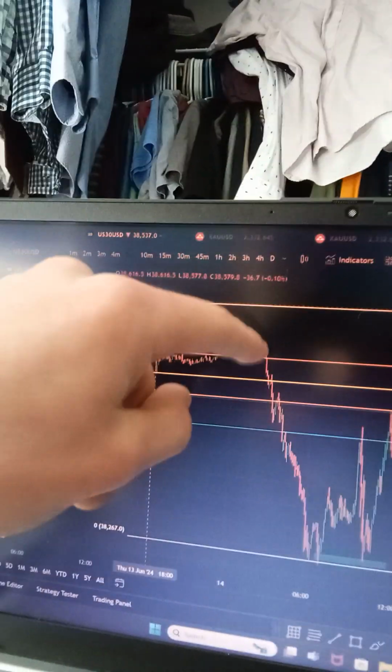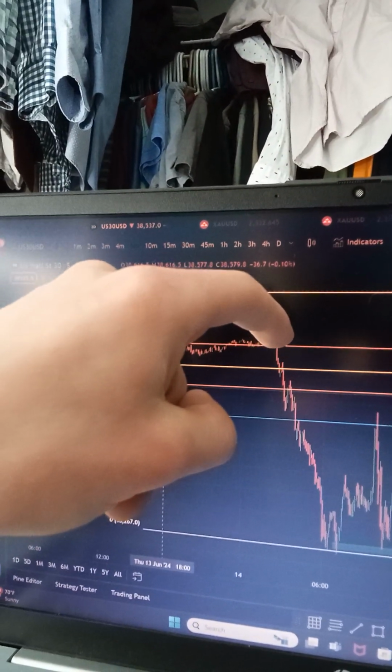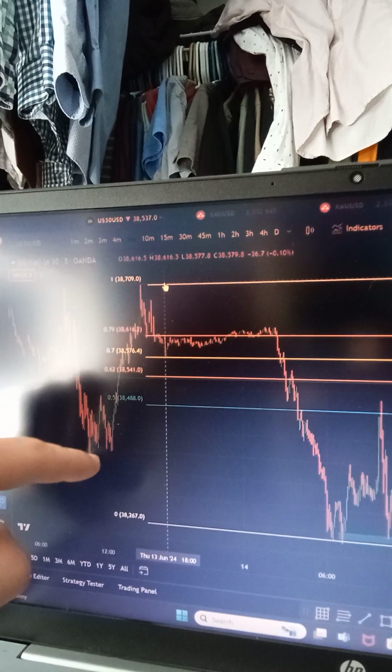Now, why wouldn't you take it off of here? You wouldn't take it off of here because it broke external range liquidity. So when you have it breaking a significant area of external range liquidity, one that has a lot of liquidity, you would take it off the previous low or the previous high.